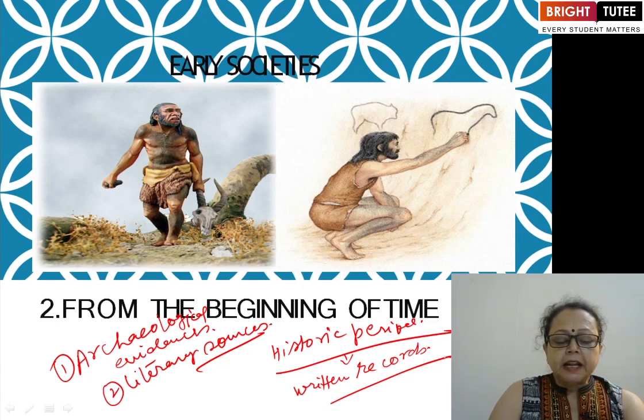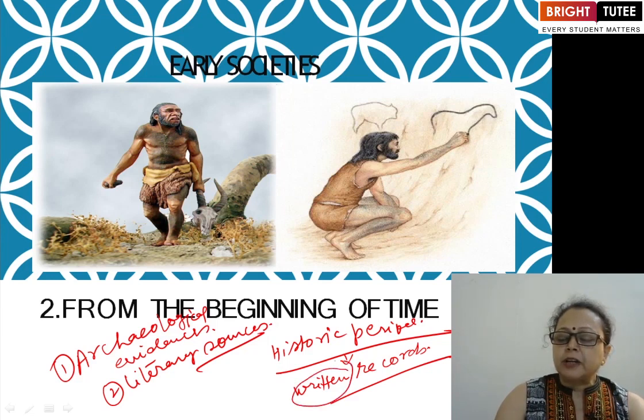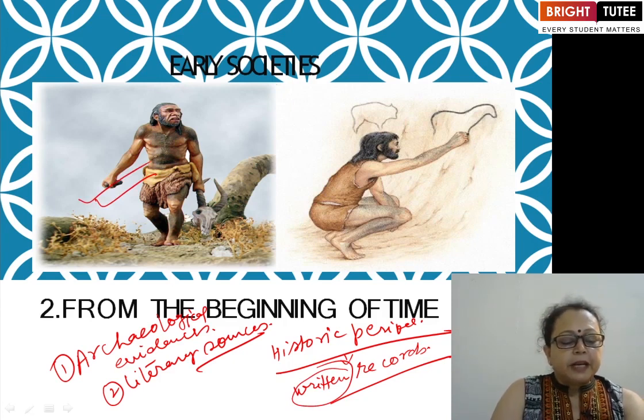But man had lived on the earth for millions of years before he developed the art of writing. Before the art of writing, human existence was there on the earth. That period is known as prehistory.